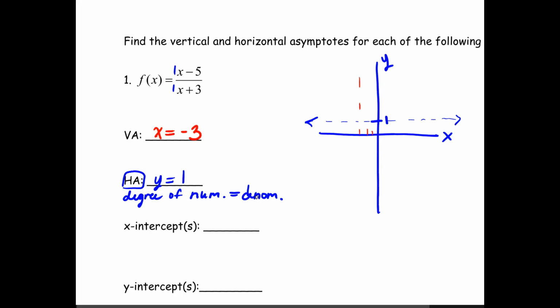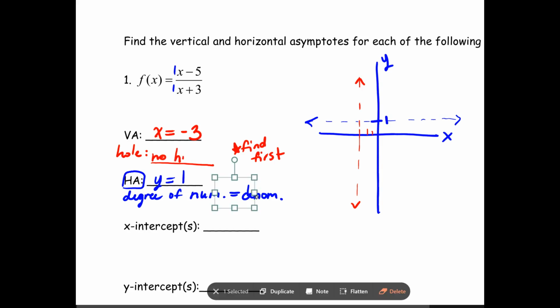So does this problem have any holes? No. Did I, on your notes, give you an option for holes? Yeah, I wanted to, just because I want you to make sure you always find the holes first, if they're there. But for these two functions, there are no holes, because nothing reduced.